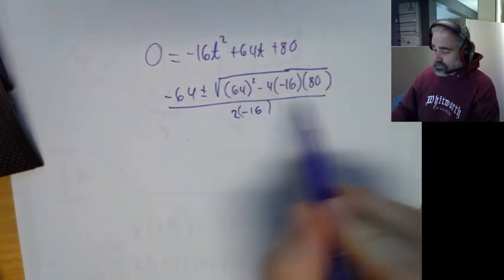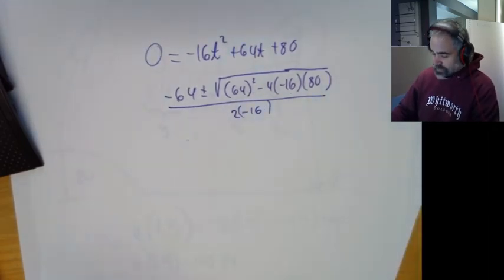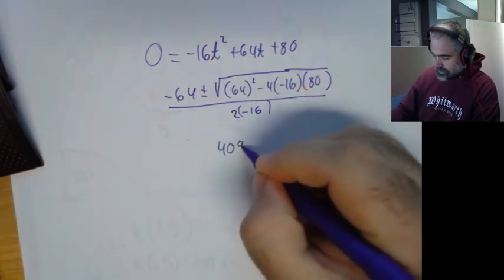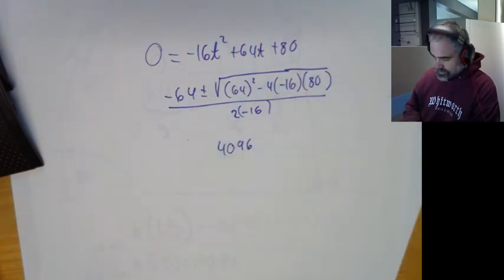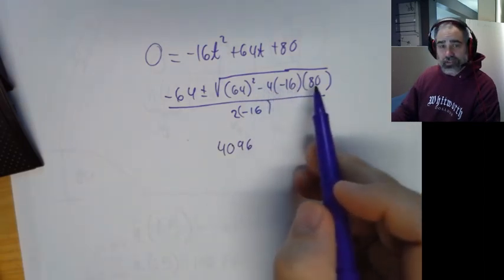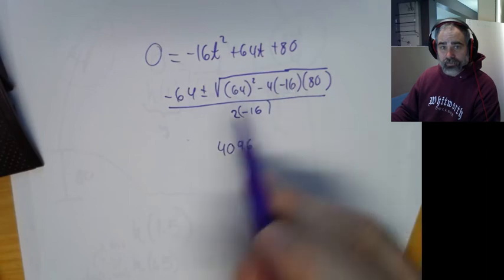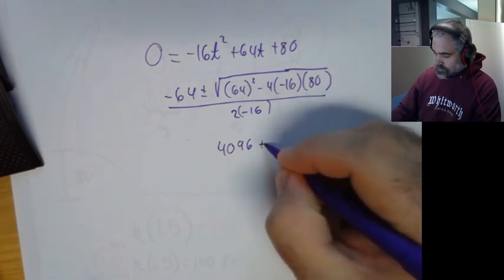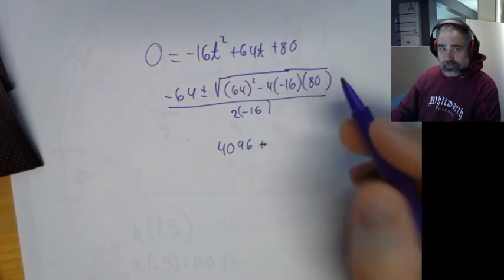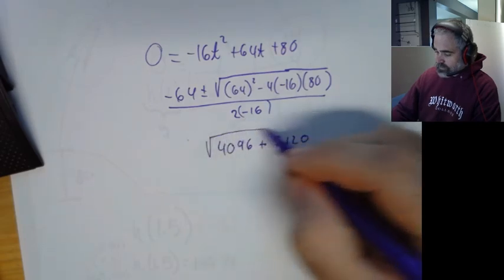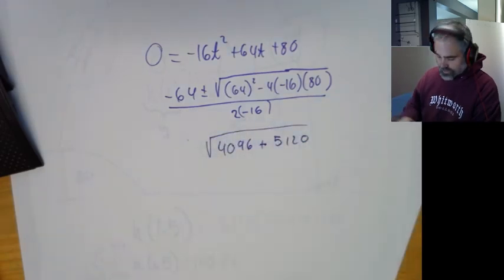I always start with the square root. So I'm going to do 64 squared, which is 4,096. Goodness gracious. And then I have 4 times 16 times 80. I know this is going to end up as a positive number since I have two negatives. So it's going to be plus all of this. And all those multiplied together gives you 5120. I'm going to take the square root of both of those, add it together.